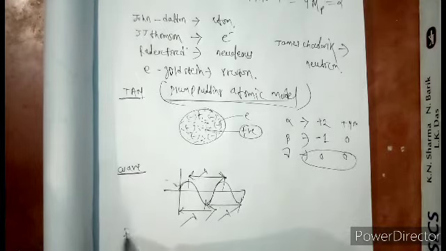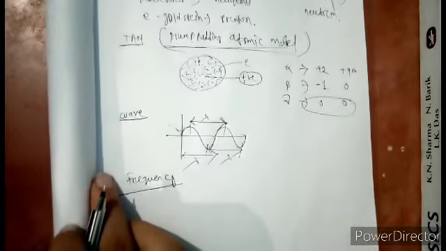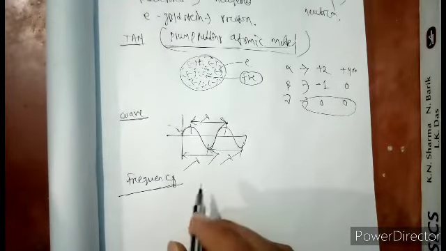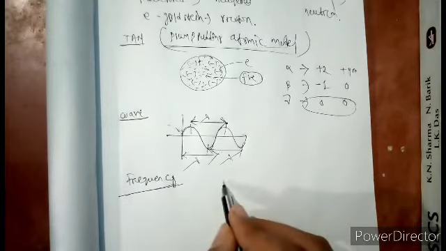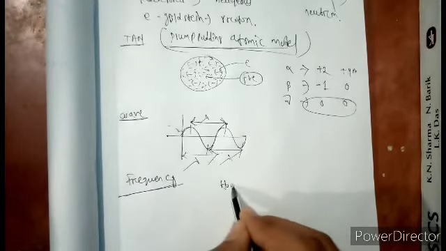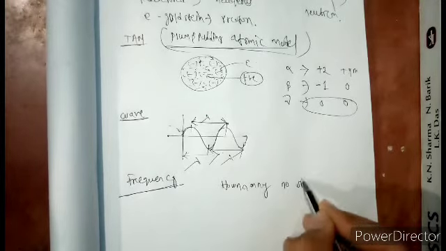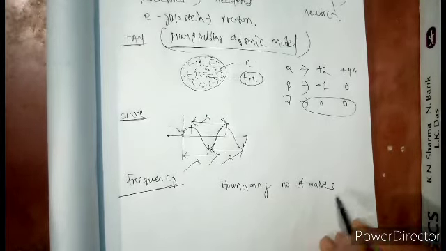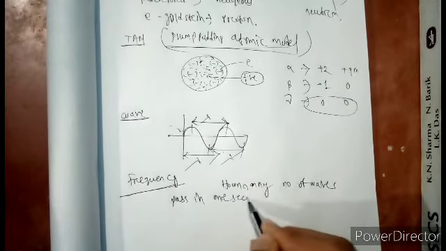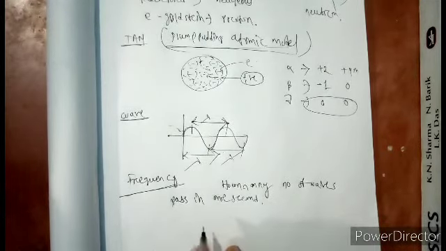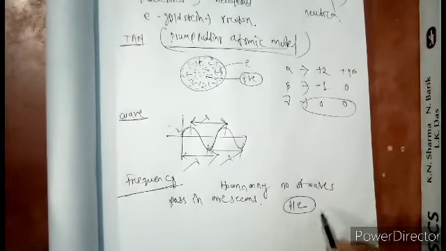Okay, then come to the frequency. The number of waves passing a point in 1 second is called frequency, denoted by nu, in hertz.